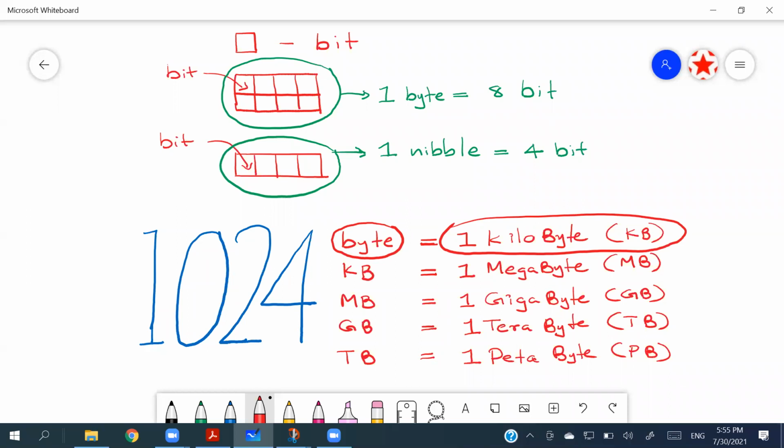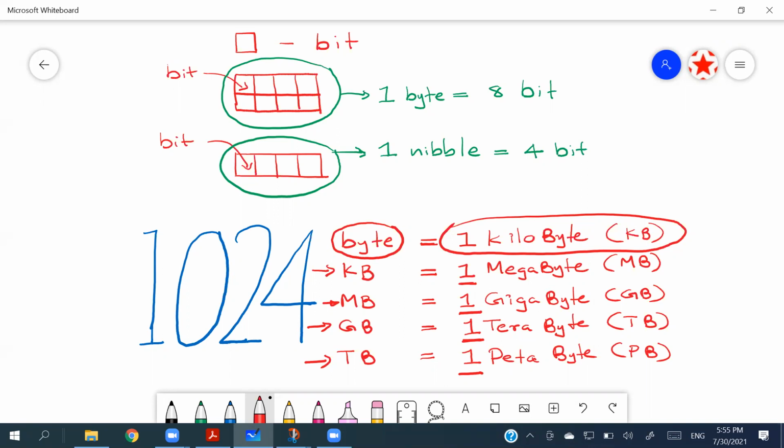So 1024 kilobytes equals 1 megabyte, 1024 megabytes equals 1 gigabyte, 1024 gigabytes equals 1 terabyte, and 1024 terabytes equals 1 petabyte. That is the relationship between these units.